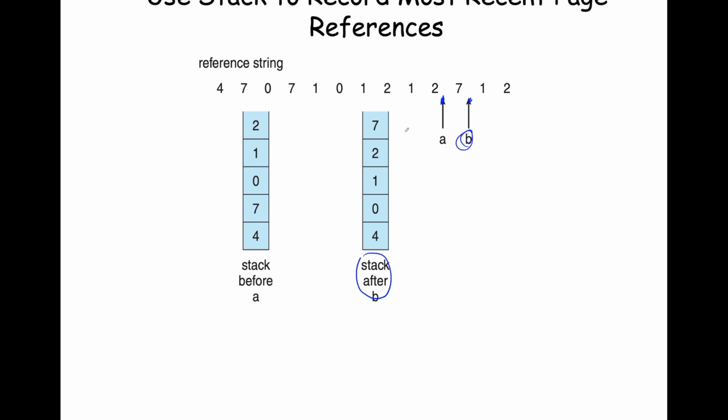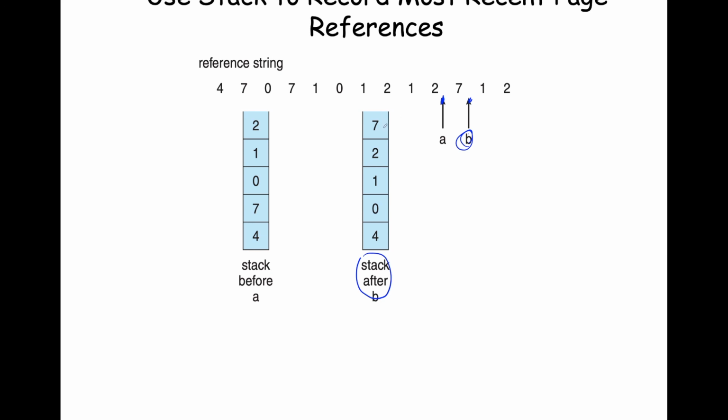Here we have 7 as our reference. So we're going to take 7 out, cut it out of the stack where it is, and then put it at the top. The 7 is at the top of the stack.